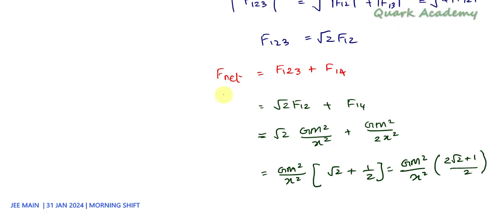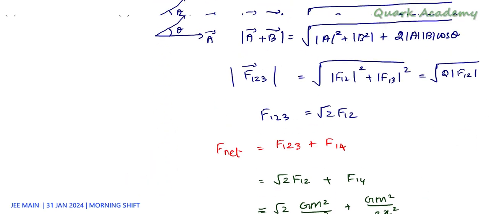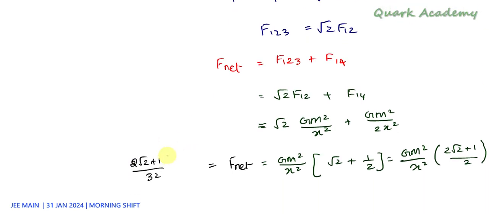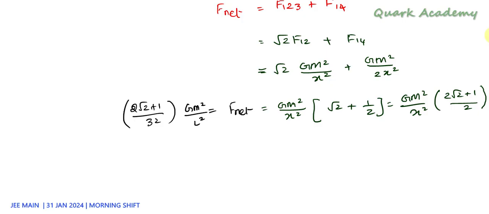This is the net force, and based on the question, this is equal to (2 root 2 plus 1) by 32 into Gm squared by L squared. Fine. So we can just cancel the numerator since both sides are equal.